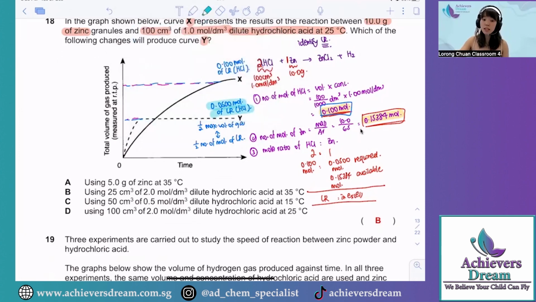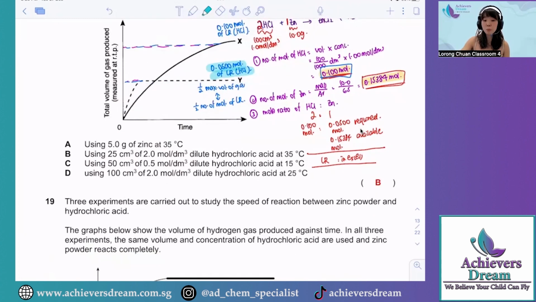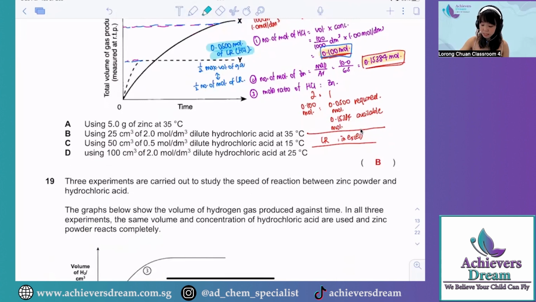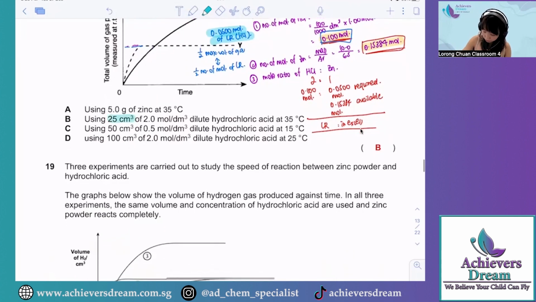Now let's look at the four options to see which one produces 0.05 moles of hydrochloric acid. So I'll focus on options B, C, and D first. We have the volume as well as the concentration of your acid, so we can calculate the number of moles.